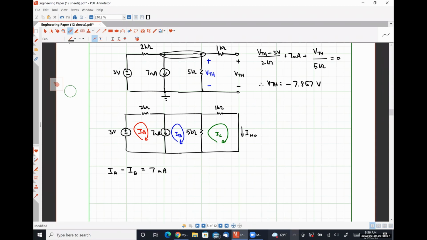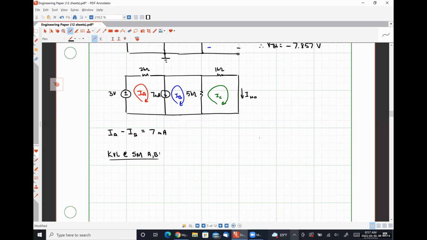All right. And now I'm going to need to come up with two Kirchhoff's voltage law equations. So KVL at supermesh AB is going to look like negative 3 volts plus 2 kilo ohms IA plus 5 kilo ohms times (IB minus IC) is equal to 0.